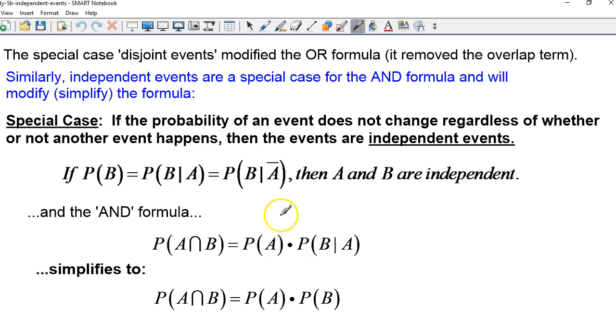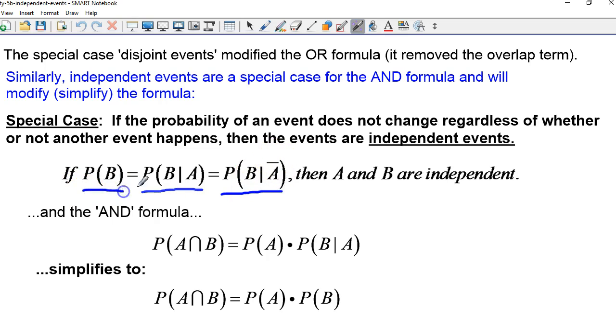So just to remember what that means: if the probability of an event does not change regardless of whether or not another event happens, then the events are independent events, which means that the probability of B, for example, would be the same as the probability of B given A happening, and that would be the same as the probability of B given that A does not happen.